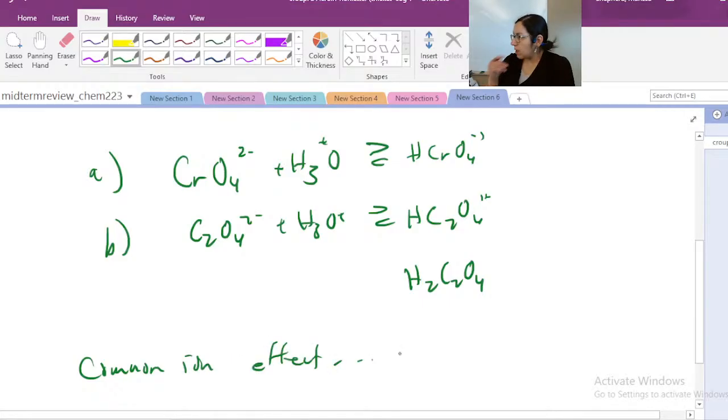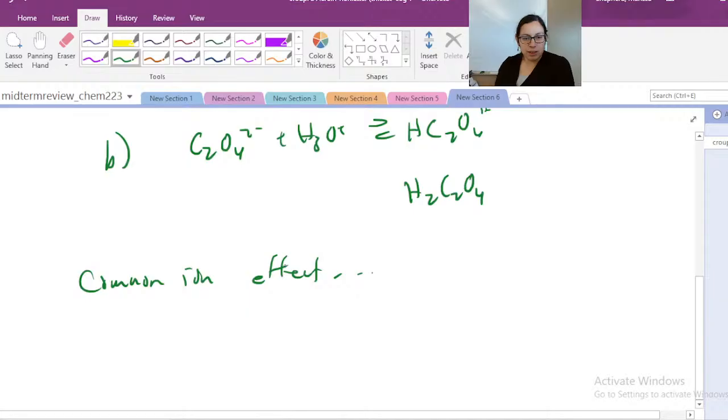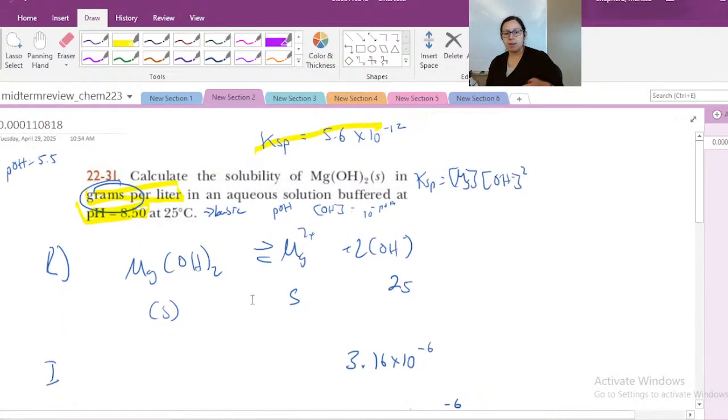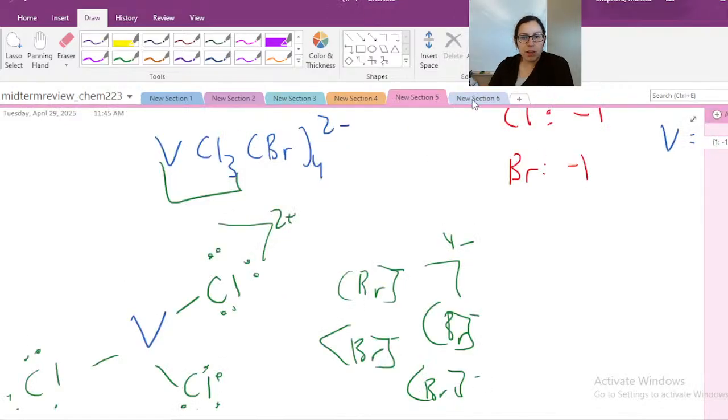This could be asked on your test, either mathematically, like we saw with my terrible example here that didn't work out because we couldn't make the assumption, but same sort of thing. If you have a common ion, that tends to decrease your solubility.